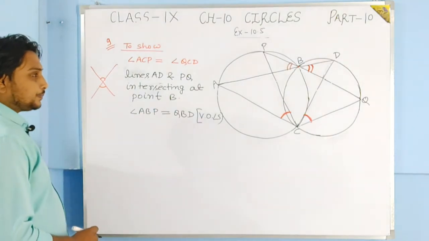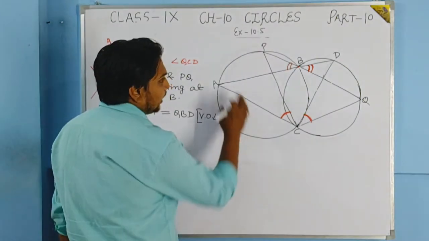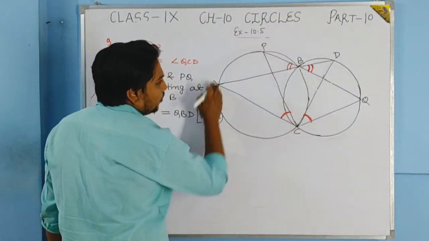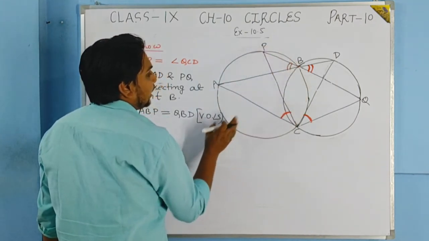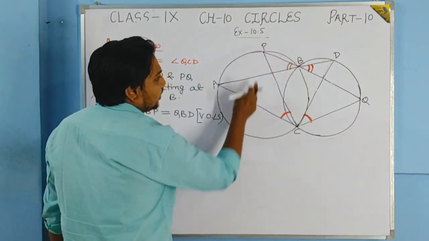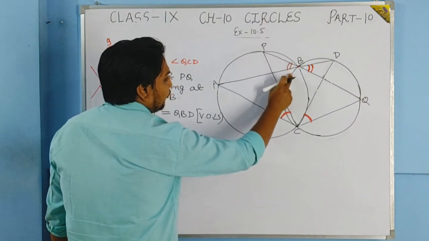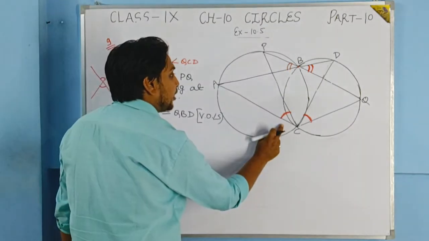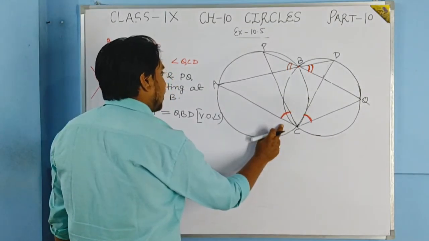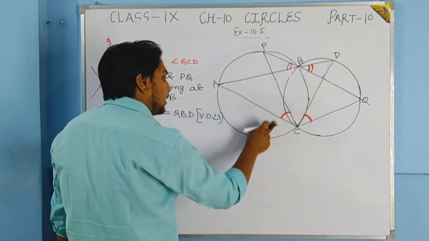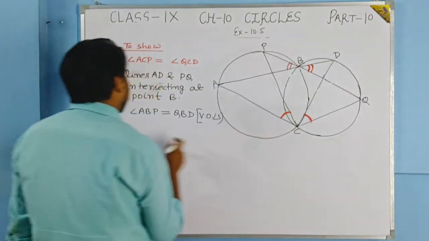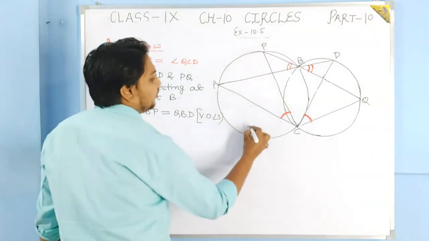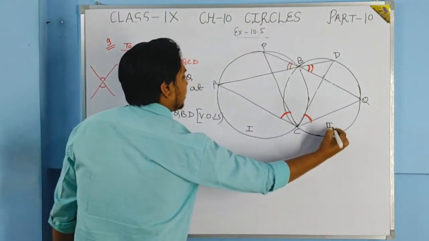Now students, you can see that in this circle, I am talking about this circle, this angle B will be equal to angle C. Why, students? Because they are the angles in the same segment. Suppose this is the first circle and this is the second circle.